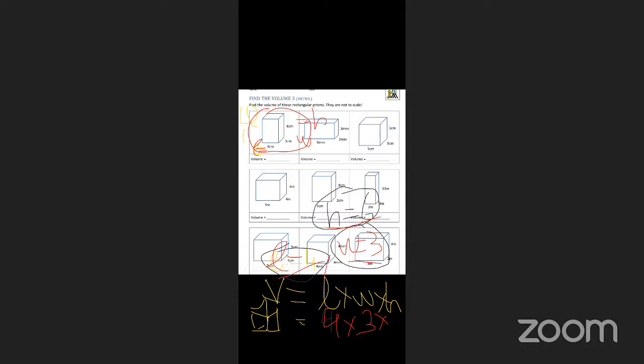Length equals 4, width is 3 and height is 6, right? Now 4 times 3 is equal to? 12. And then 12 times 6 is what? 72. So our volume will equal 72 centimeters cubed.